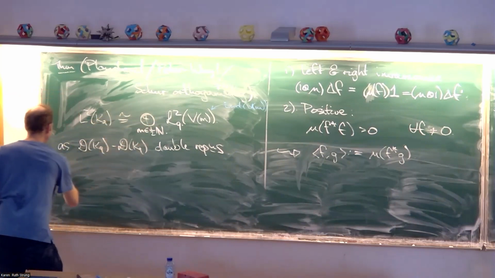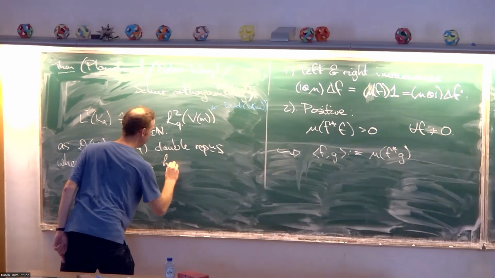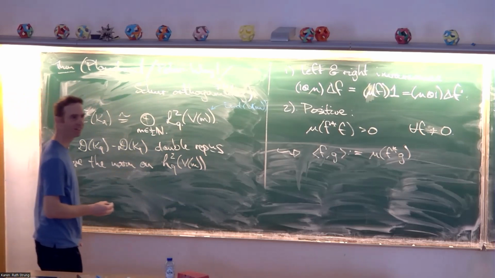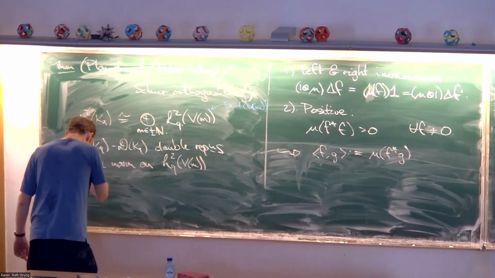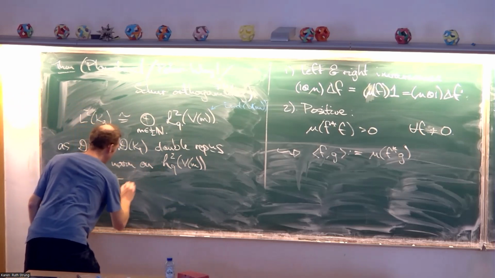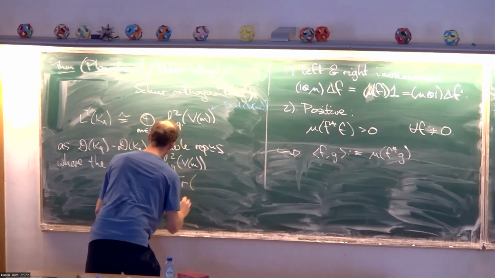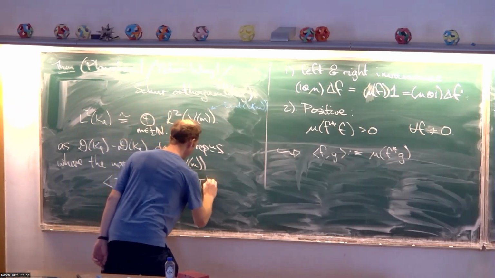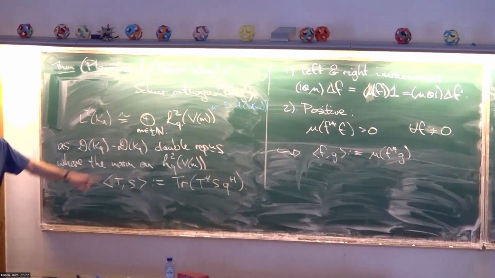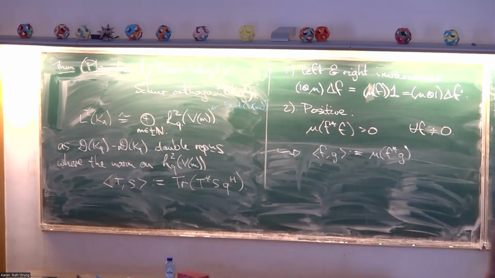And what is the right norm? This curly L2 is supposed to look like a Hilbert-Schmidt norm, because that's what it is. But it's twisted, the quantum. And it's given by the following thing. If I have two matrices, it's going to be given by the trace of, let's get it right, T star S times our favorite q to the H, where q to the H here means the representation of K on this particular representation V_m.